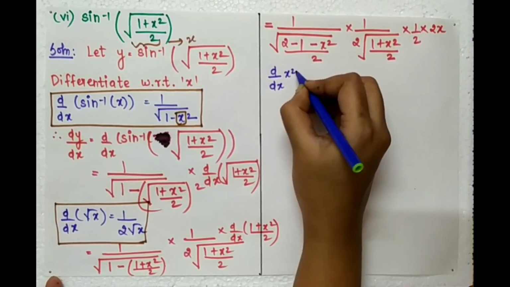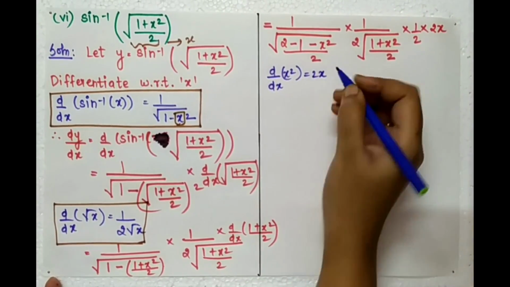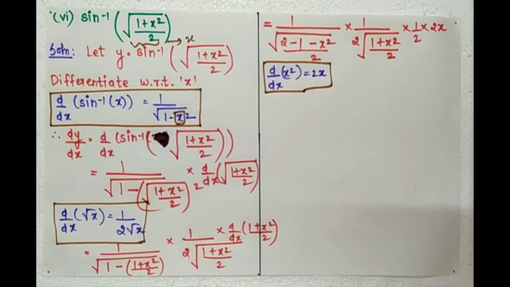Derivative of x square is 2x. Hope you are following me.